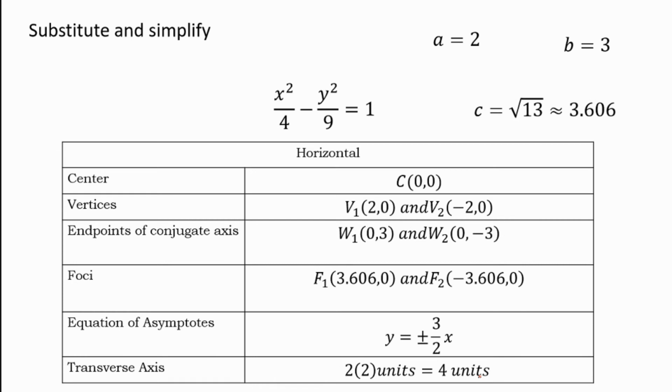The center stays the same, and for the vertices, A became 2 and B became 3. For the foci, we used our approximation of 3.606. For the equation of the asymptote, we just use the values of B and A, and our transverse axis is 4 units.